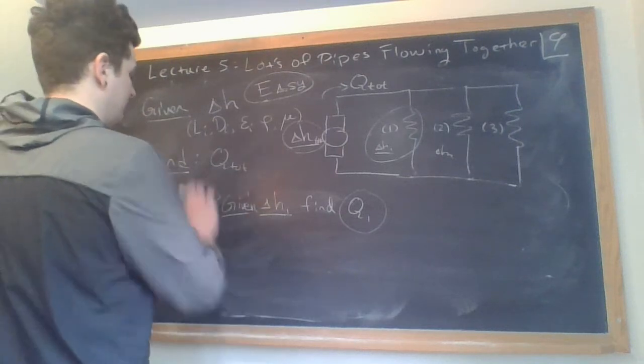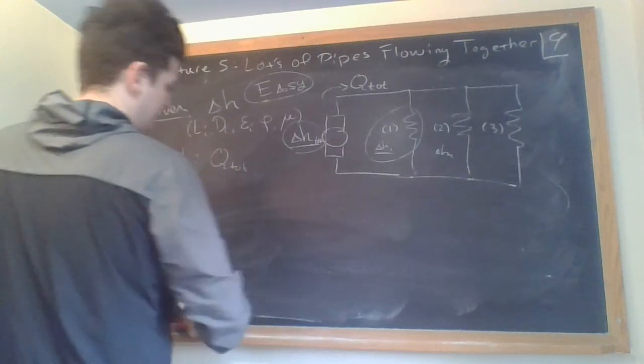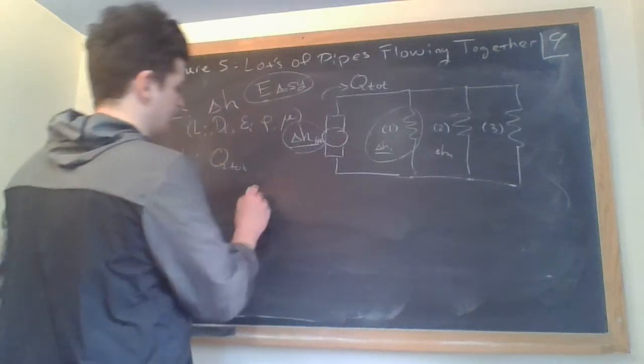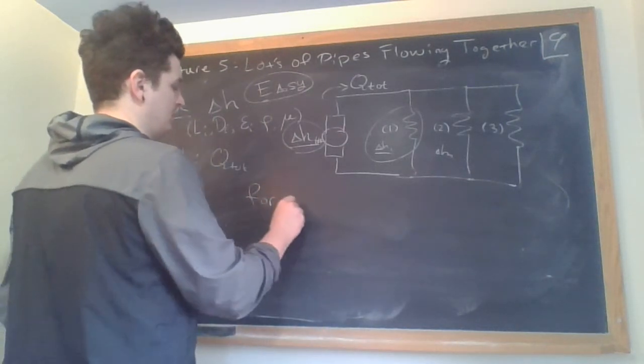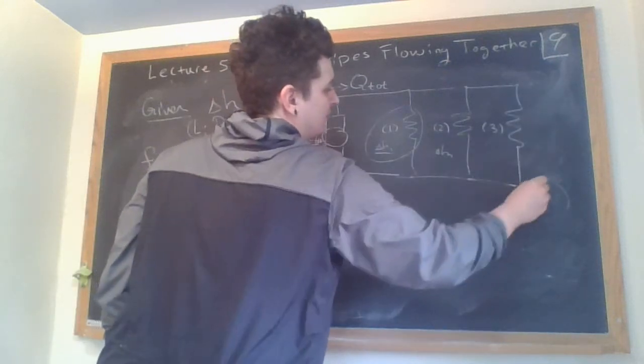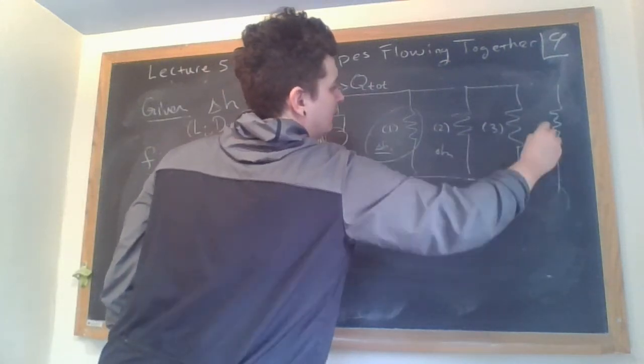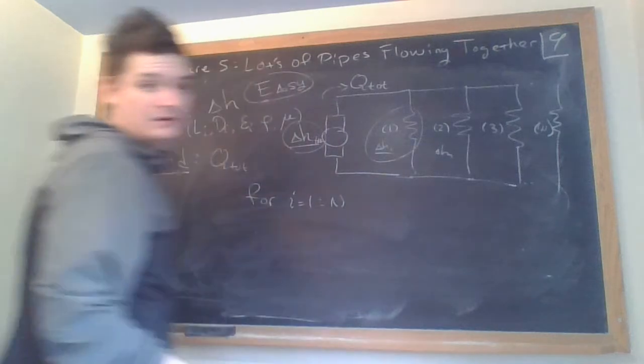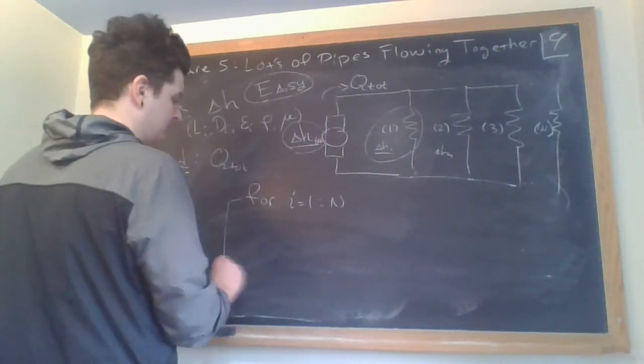So for something like this, you need to go for i equals 1 to, let's say, n.